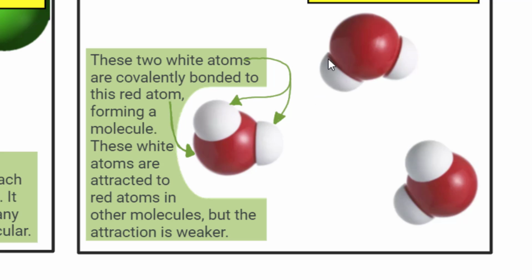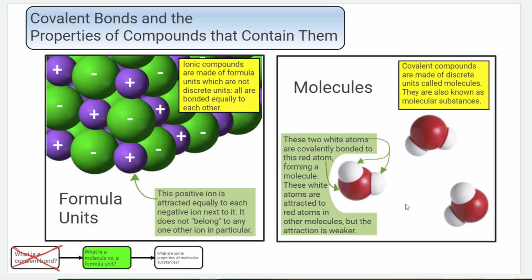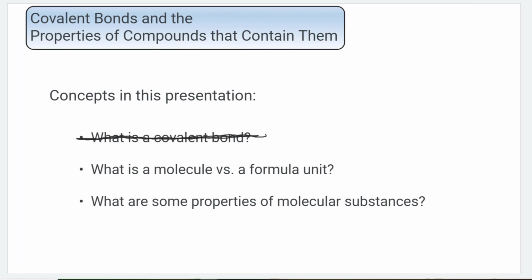And then another white atom will belong to this particular molecule. They're discrete units. And that's the difference between a formula unit and a molecule. So covalent compounds, we can call them molecular compounds as well. So that's what the difference is between a molecule and a formula unit.